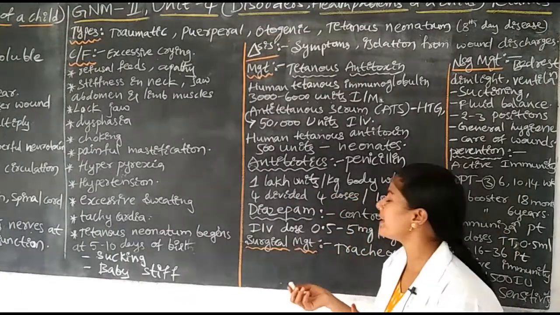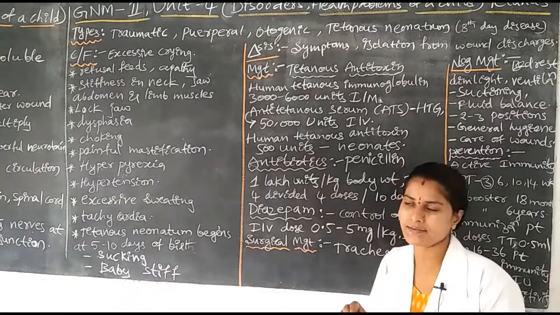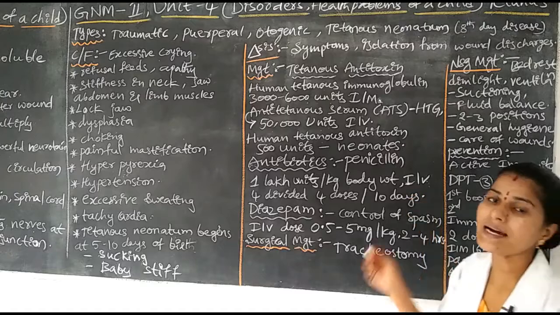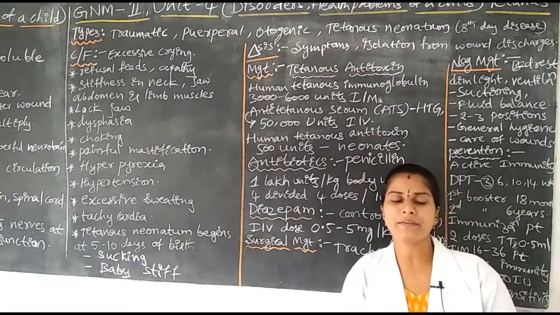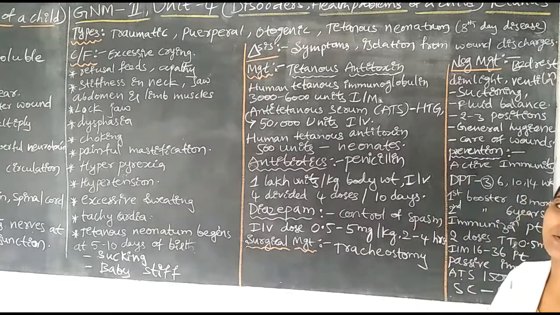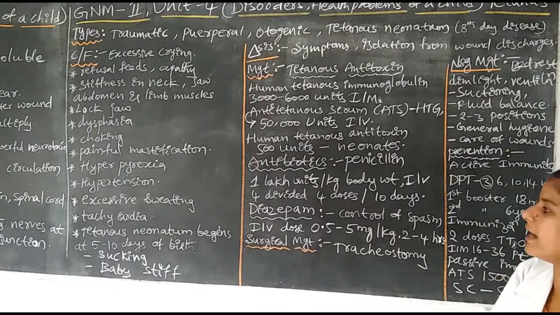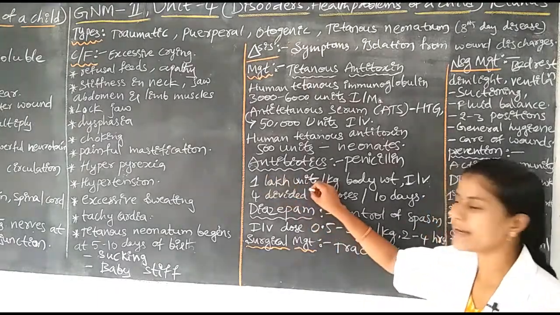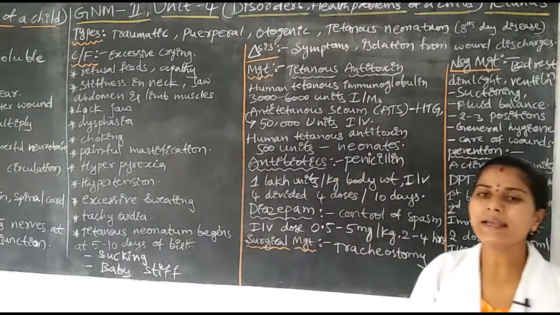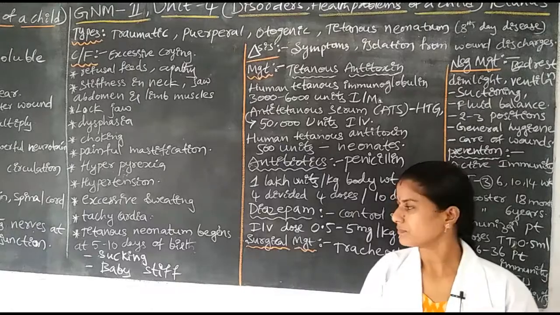The dosage should be divided into 4 doses, for 10 days of duration. Each dose is 1 lakh units per kg body weight. The route is only intravenous.